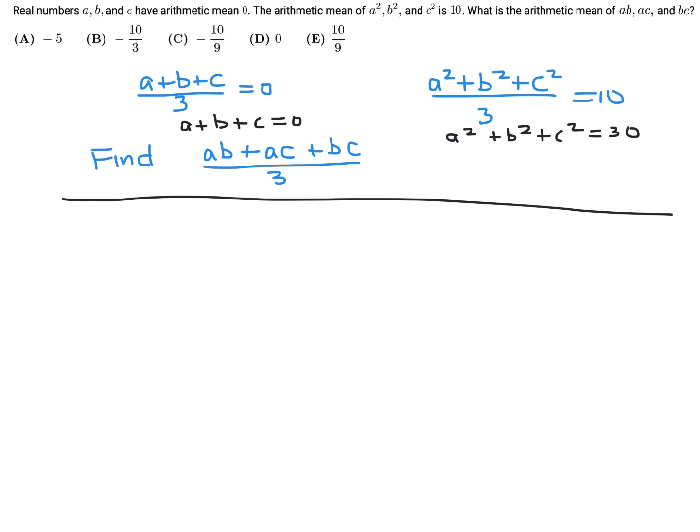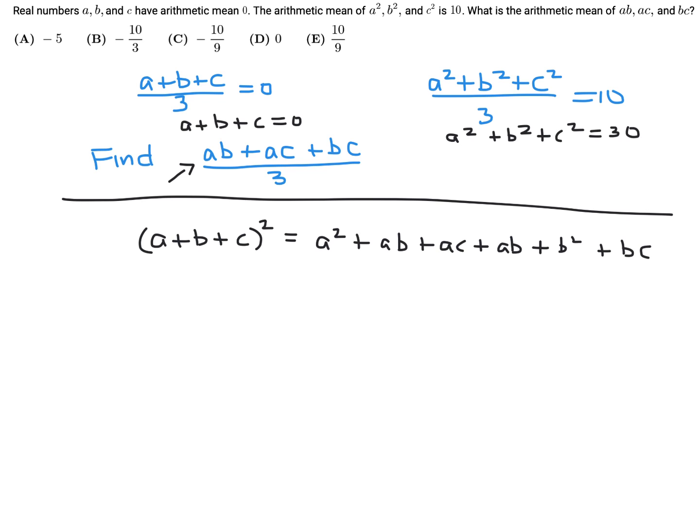Okay, so then in order to get these guys, I'm pretty sure that you'd have to take A plus B plus C and square it. And when you do, you get A squared plus AB plus AC plus AB plus B squared plus BC. Let me see if I did that right. Yeah, plus AC plus BC plus C squared, right?